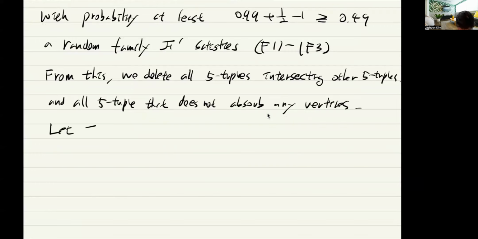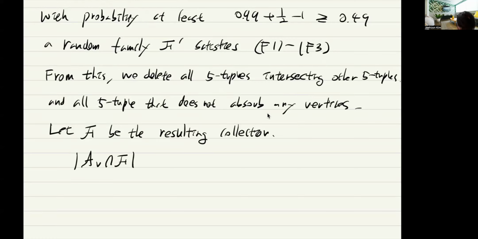And let F be the resulting collection. Then for F prime, this intersection is at least β^19, but how many we have deleted is smaller.